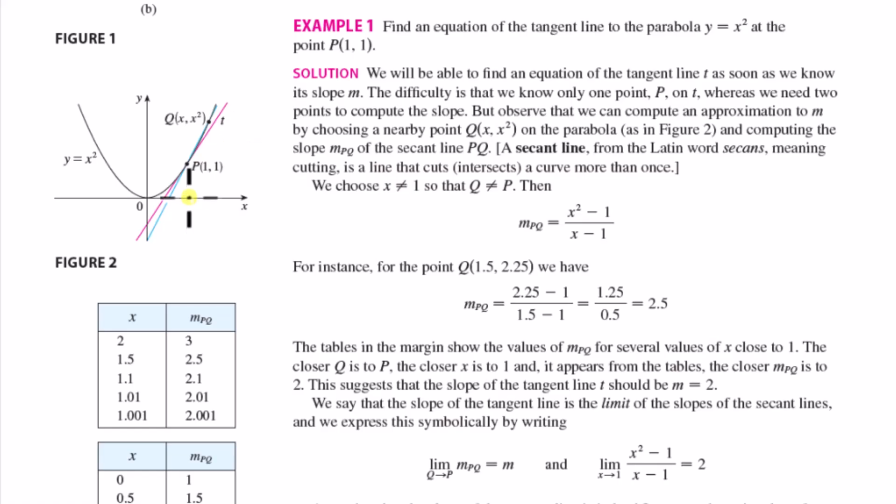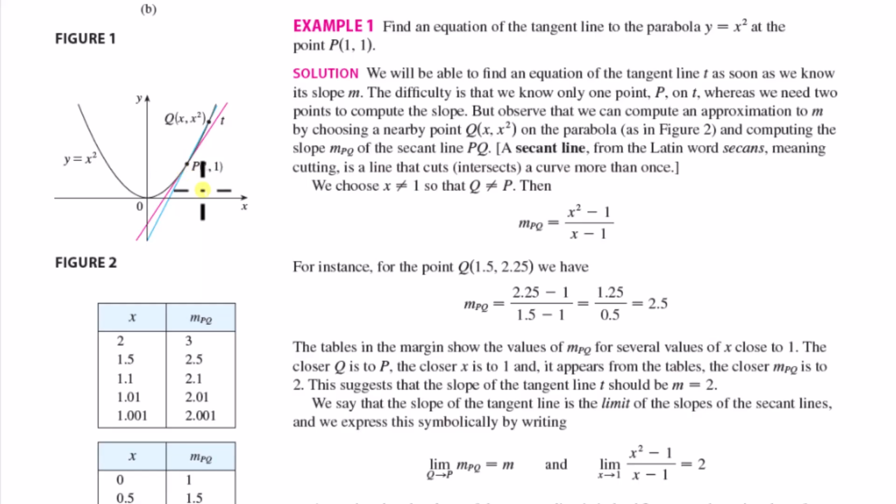So at x equals 1, on the curve y equals x squared, y is also equal to 1. So at the point (1, 1) on the curve y equals x squared, what's the equation of the line that's tangent to y equals x squared at this point? That unique line, right? That's going to be one and only one line.